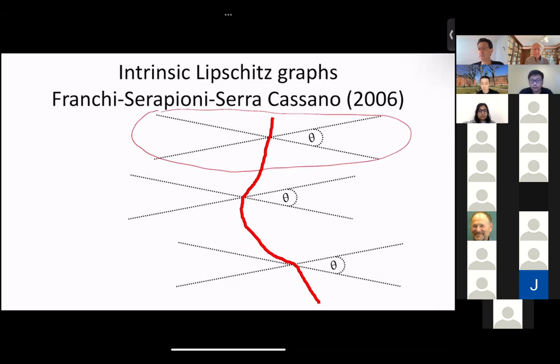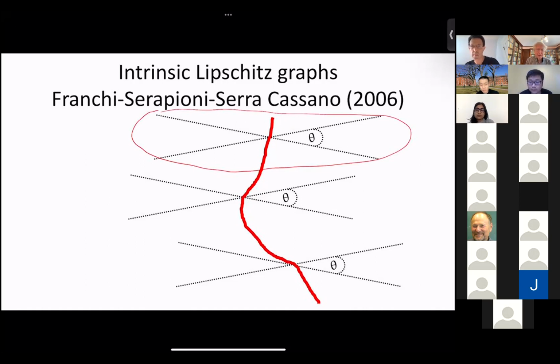A graph of a function is a graph of a Lipschitz function if there exists some positive theta such that all of these double cones meet the graph only at their apex. So you can find a small enough angle so that when you draw these double cones with the apex on the graph, the rest of the double cones don't touch the graph. That's a nice exercise.